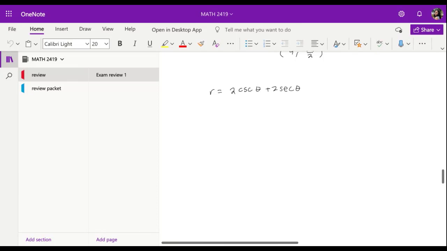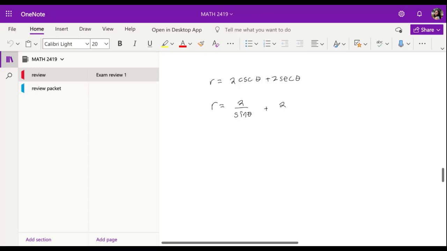We can put this first into a form that we can work with, because we have x equals r cosine theta and y equals r sine theta, right? So we need to get it into those forms. This is the same as 2 over sine theta, and this is the same as 2 over cosine theta.